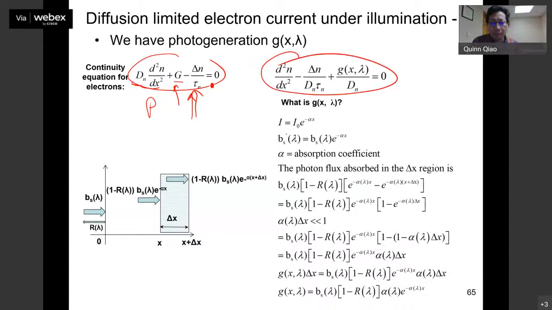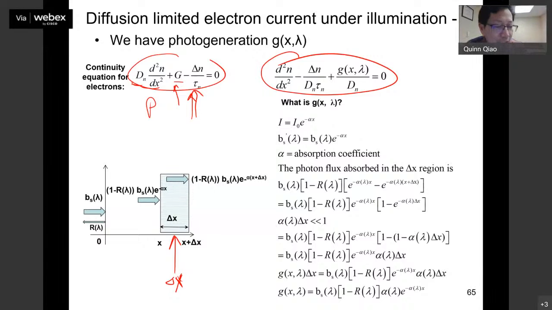So with that, now let's understand what generation is. Under the sunlight, the generation is basically the light absorption. If you think about this as the top surface, and this inside is your film, and the sunlight passes through, let me just see during this delta x depth, how many electrons I can generate.